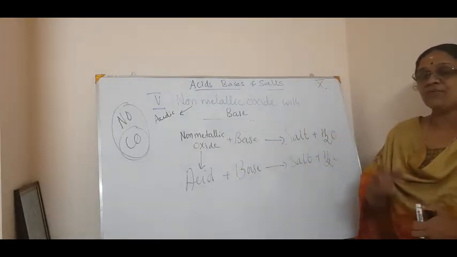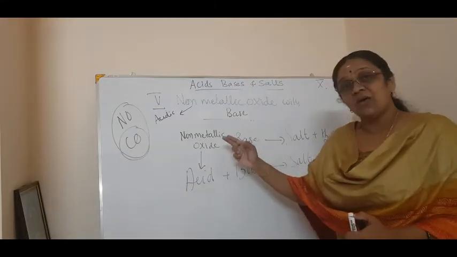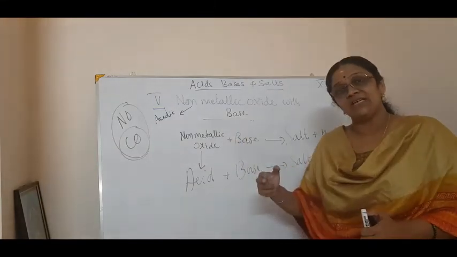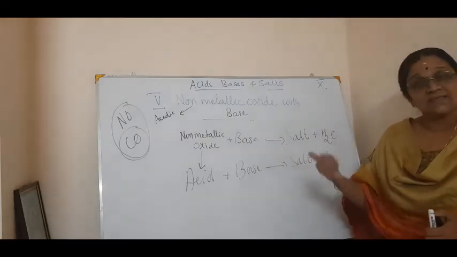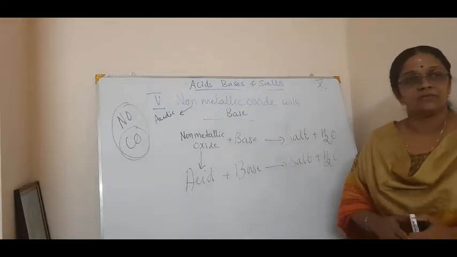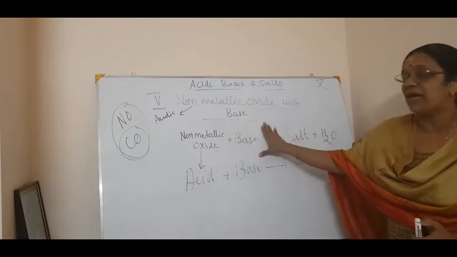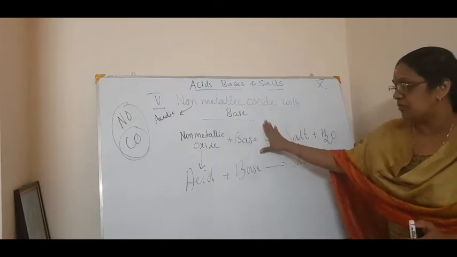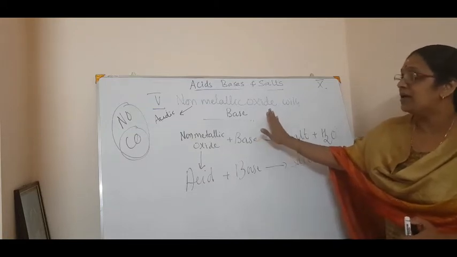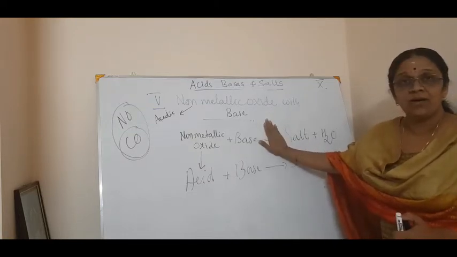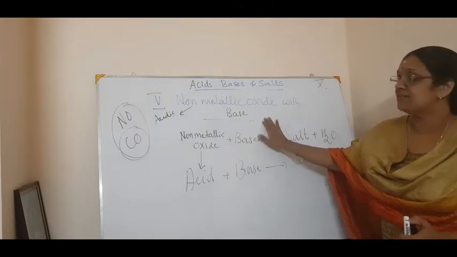Clear? So you can have two questions. Metallic oxides are basic in nature, account for it. Non-metallic oxides are acidic in nature, account for it. These are the two analogies.